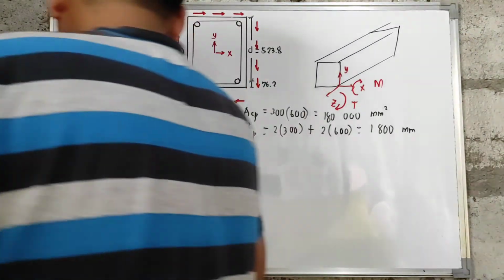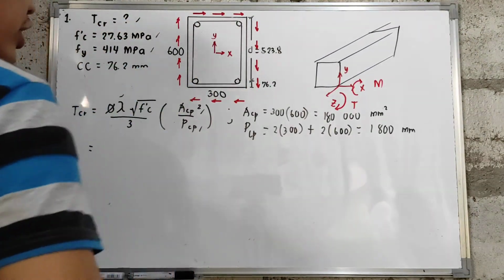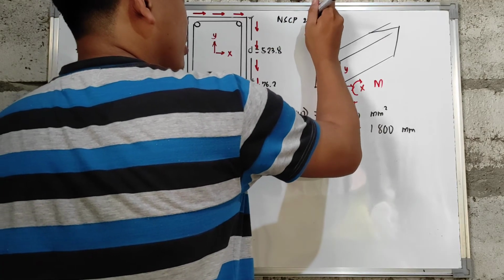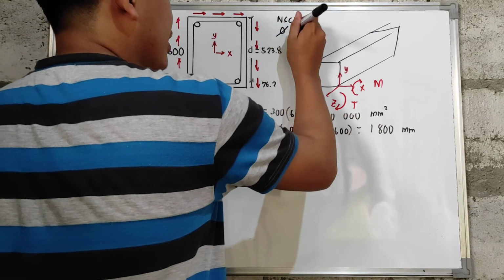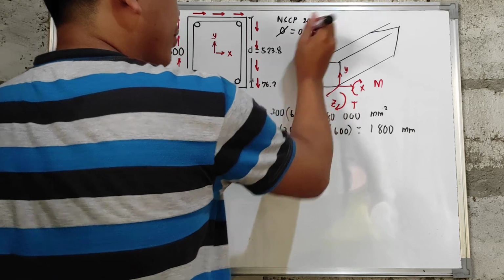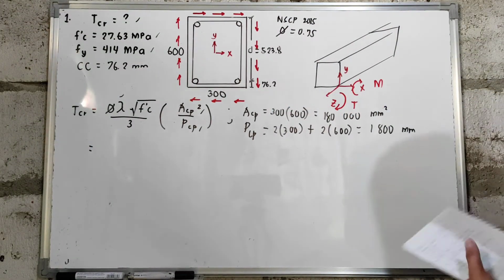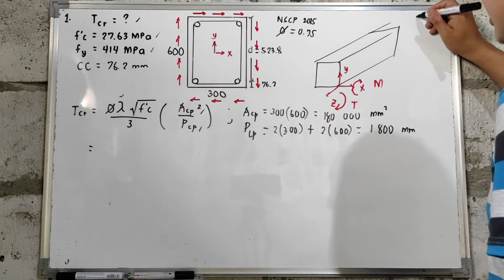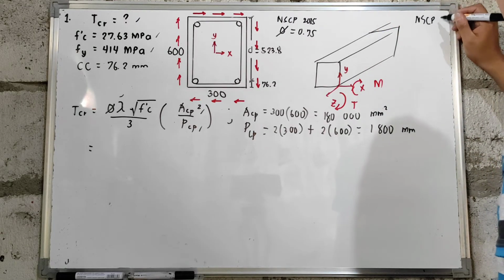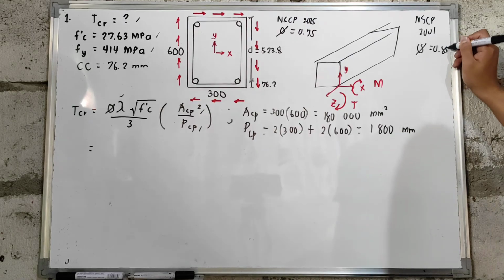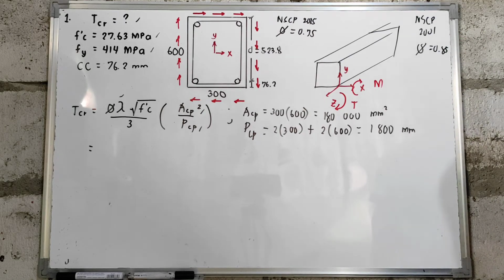So if you are going to substitute yung mga values natin, since NSCP 2015 yung gagamitin natin, the value of your reduction factor, that is always 0.75. Pero kapag sinabi naman sa NSCP 2001, yung reduction factor natin is 0.85 for shear tsaka sa torsion natin.